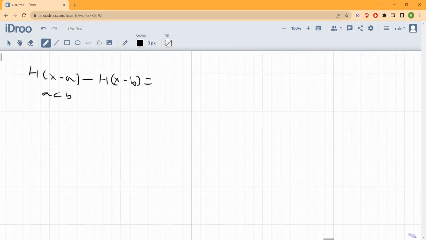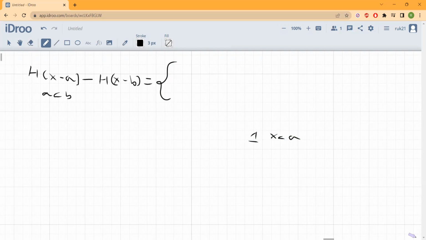Because we do know that this is a piecewise function, I'm going to analyze all the case scenarios that we can get depending on what our x is. In our first case, x is smaller than a.